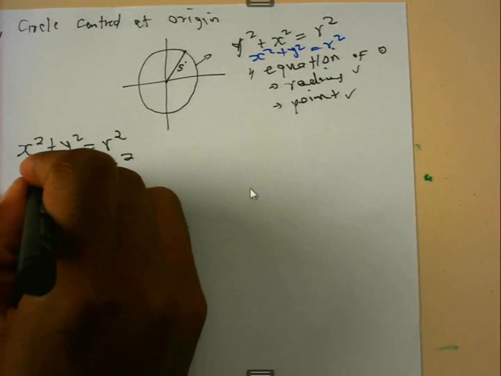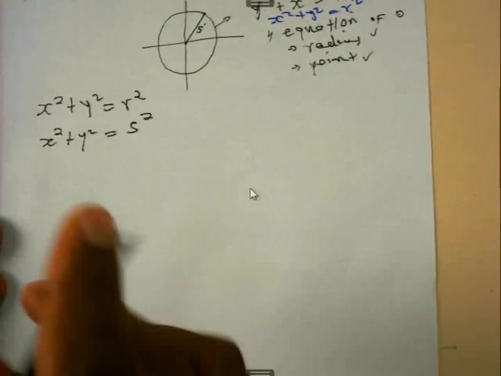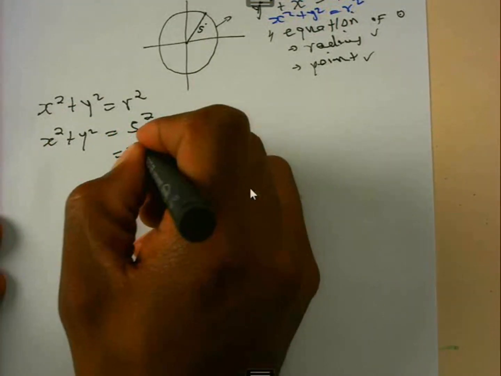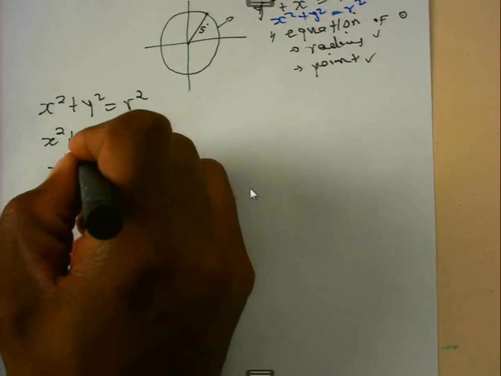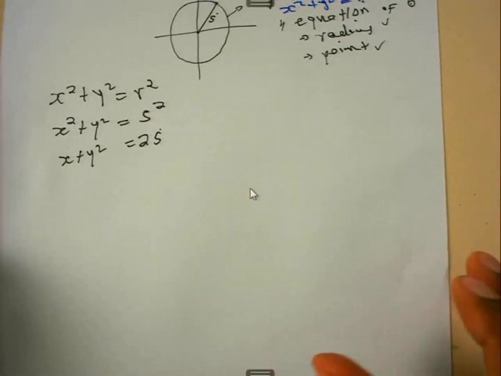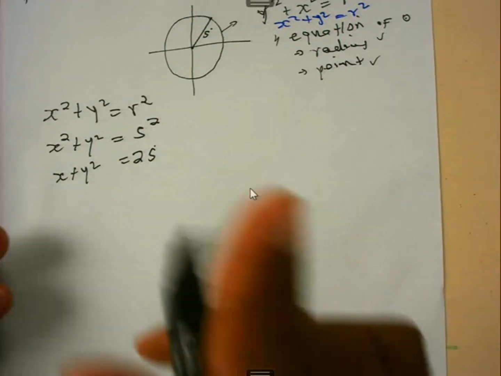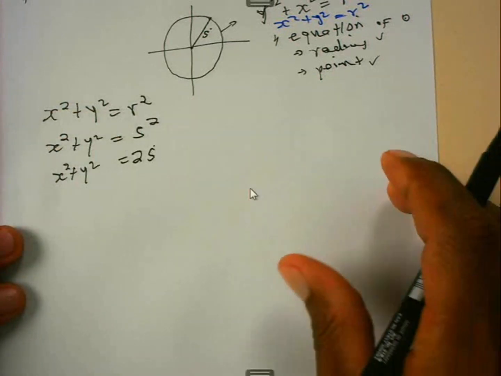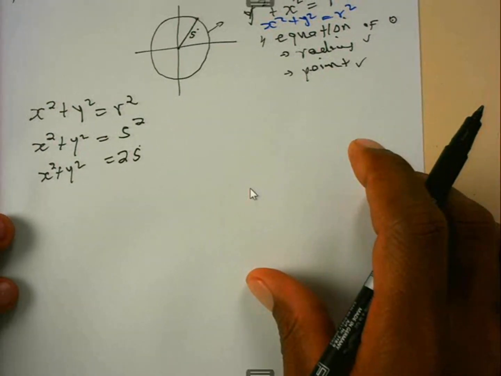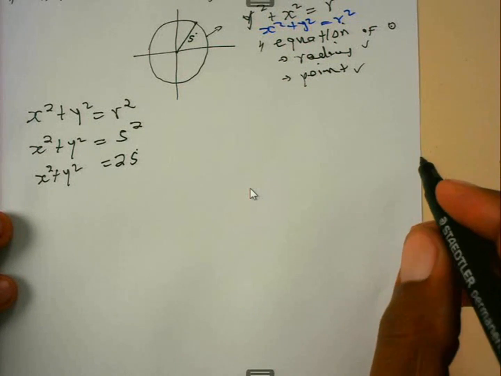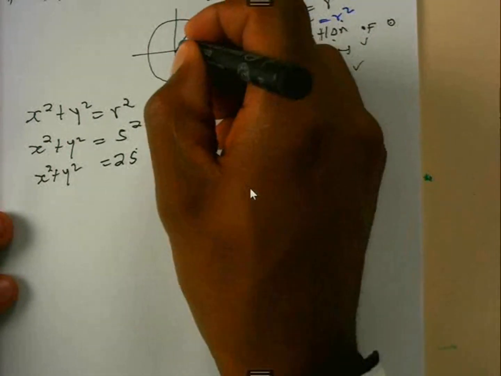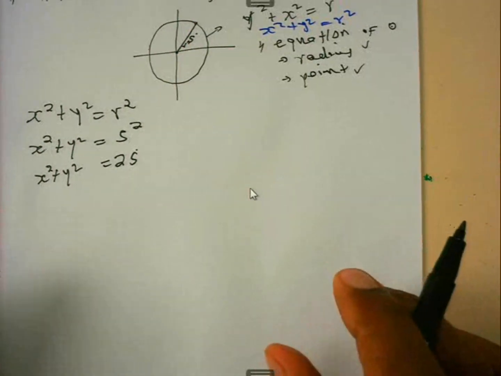We get x squared plus y squared is equal to 5 squared, therefore 25. Therefore, the equation of this circle will be x squared plus y squared is equal to 25. That is when the radius is given, if r is equal to 5.